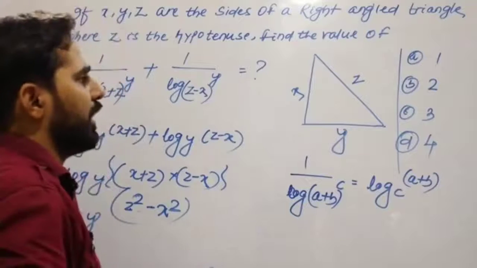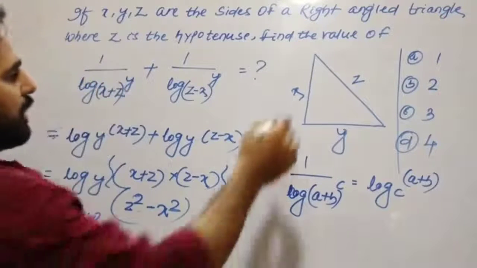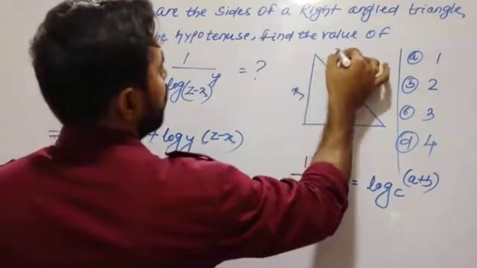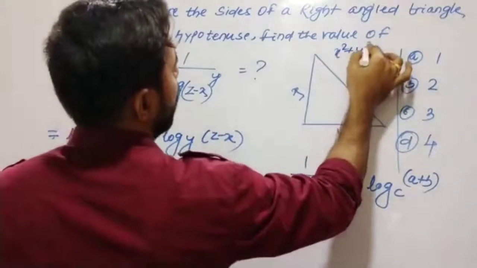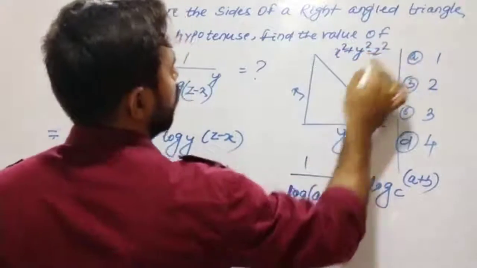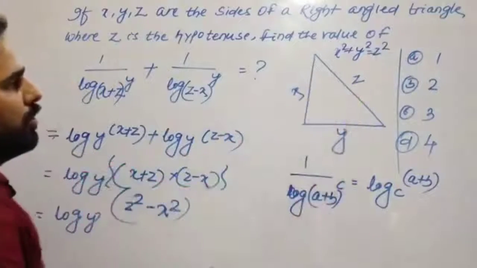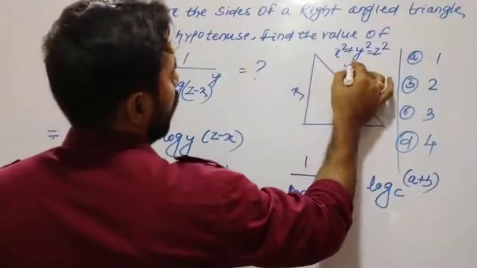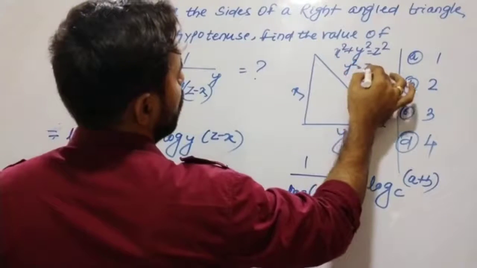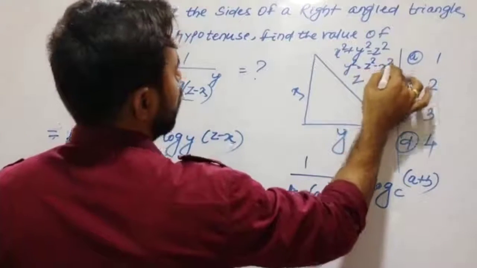According to a right angle triangle, x square plus y square is equal to z square. So y square is equal to z square minus x square.